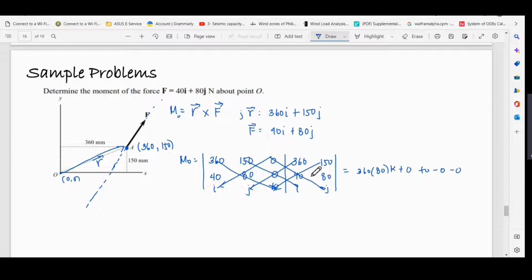Tapos dito, we have minus 150 multiplied by 40. Before we have 360 multiplied by 80k. We have 28,800k minus 6,000k. The last one is k dapat.